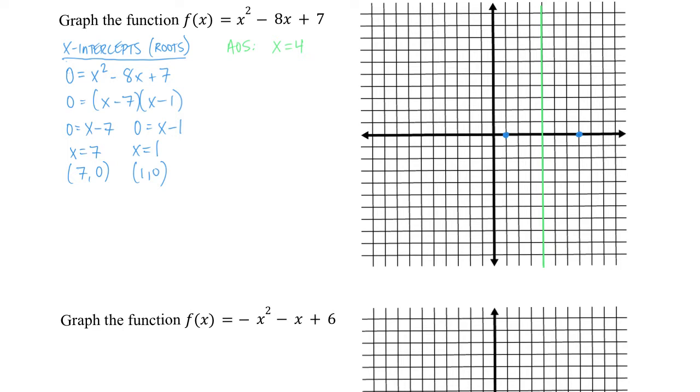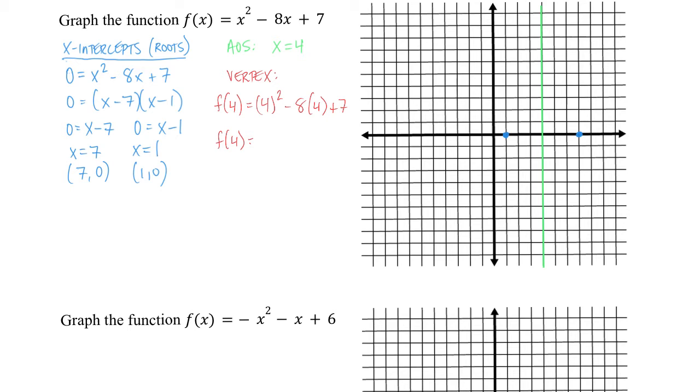Okay, what else can we get? We can get the vertex. Now, you learned in the last lesson how to find the vertex algebraically. You take your axis of symmetry and you plug it in. So let's get our vertex too. We can put that point on the graph. So my axis of symmetry is 4, so that's what I'm going to plug in for x. And I said no calculator, but here's where I'll allow it.